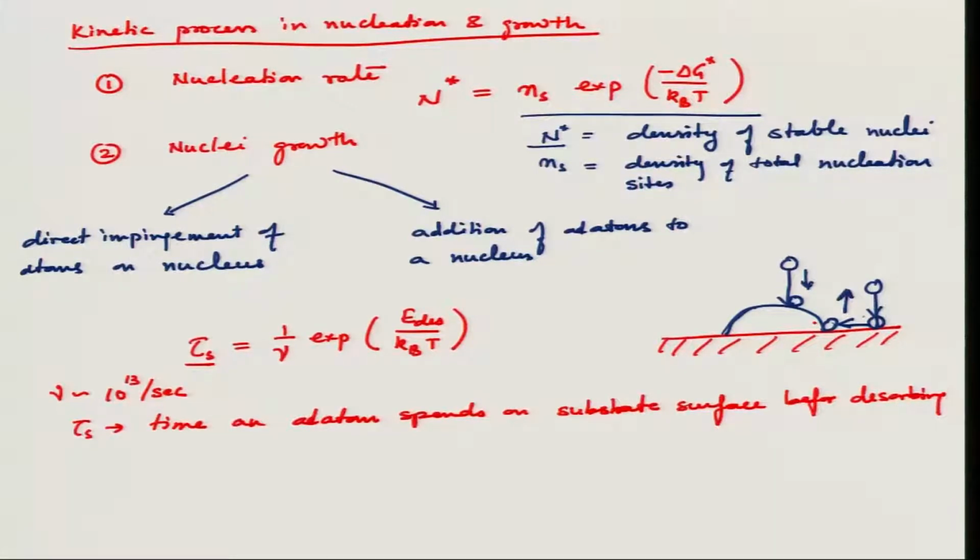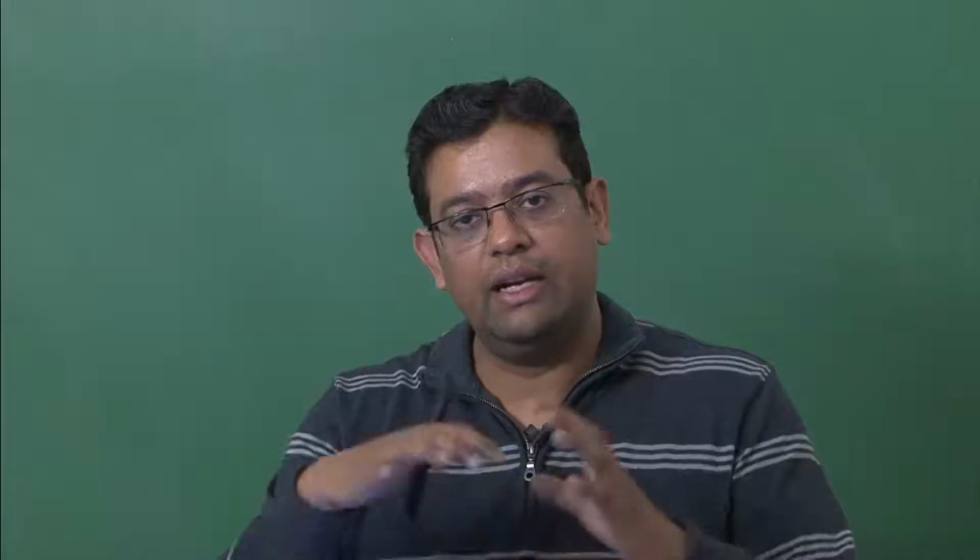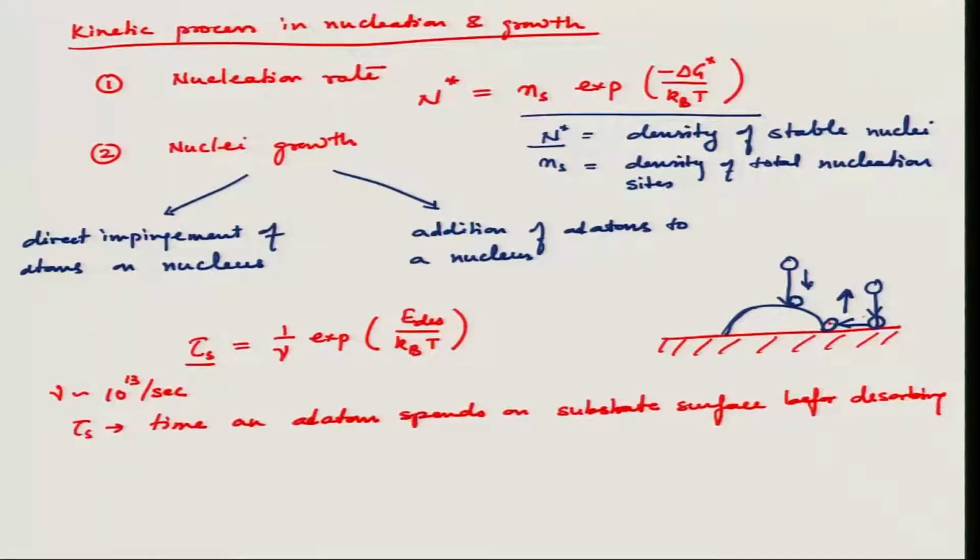So, there will be a random jump motion, and if they find a stable nuclei, they will get attached to it and reduce its overall energy. If it finds other atoms, not a stable nuclei, it may form another nucleus. And if in suitable time this nucleus becomes stable, then it will grow, otherwise it will go back to vapor phase.